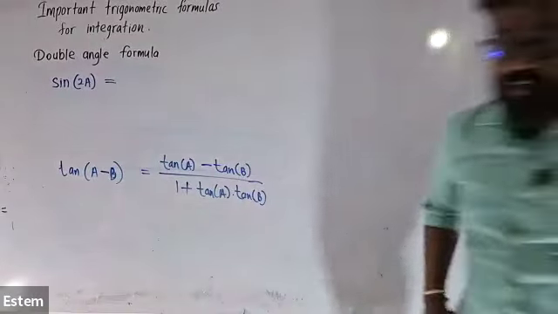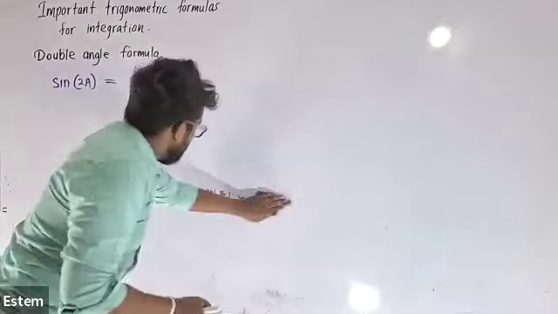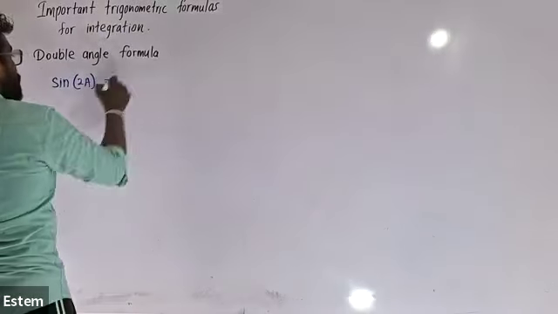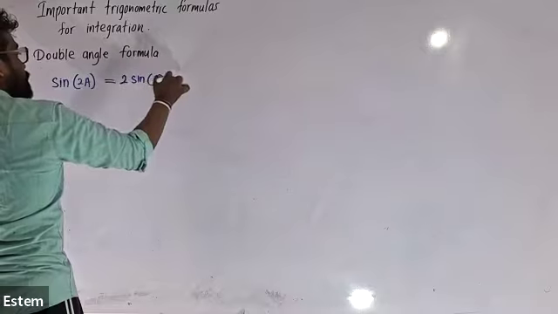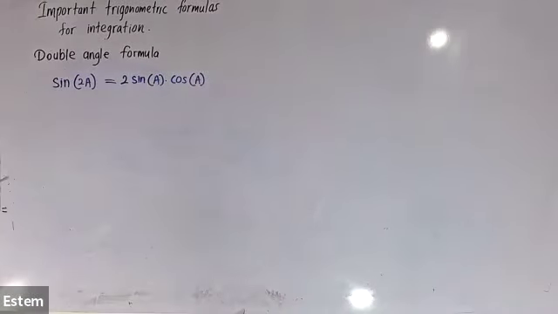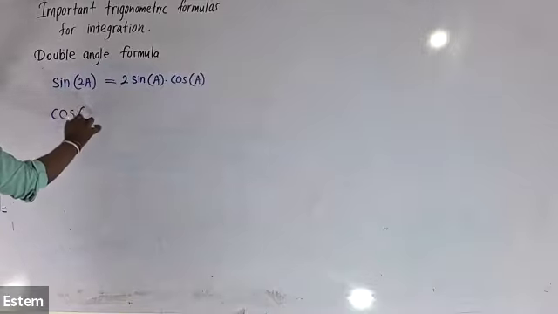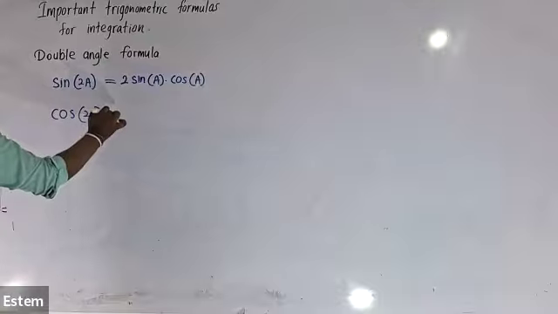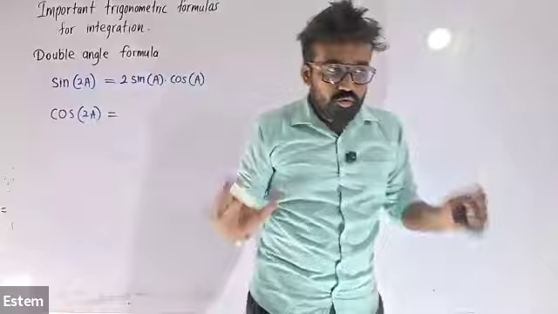Sin 2A is equal to 2 sin A cos A. Cos 2A: there are three formulas for cos 2A.